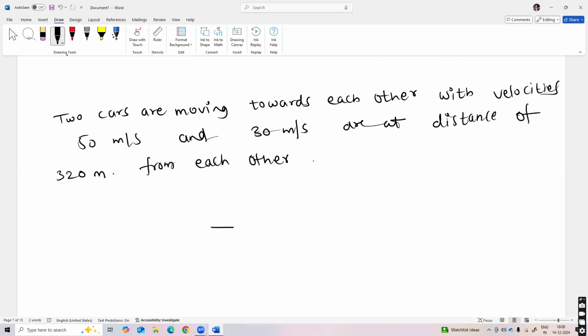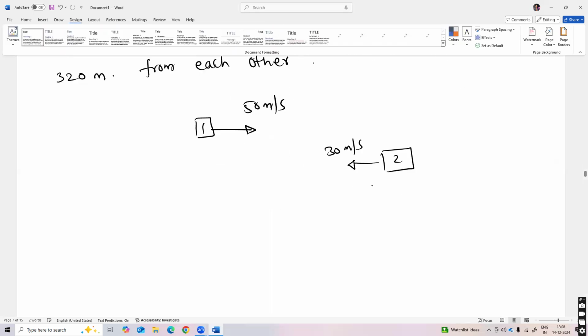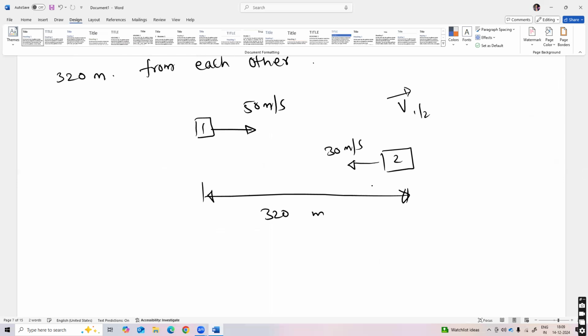So again, there is car one, moving at velocity of 50 meter per second, and since they are moving towards each other, there is car two which is moving at 30 meter per second. Now the distance between them is 320 meter. So we will simply use the relative velocity method, where the relative velocity of car 1 with respect to car 2 is v1 minus v2.